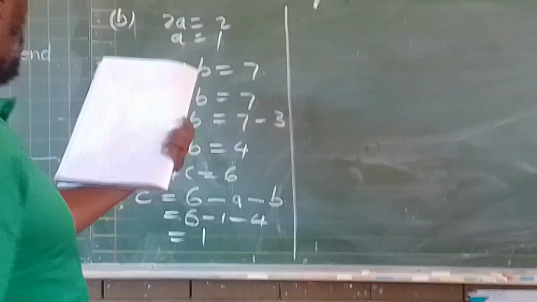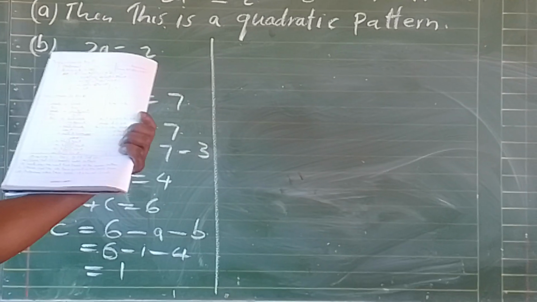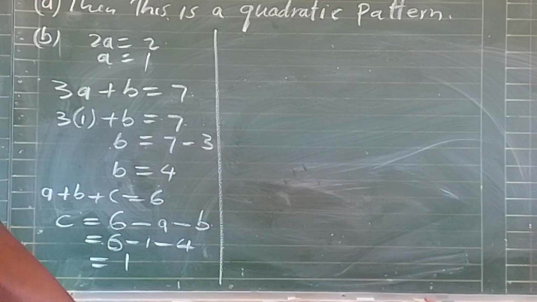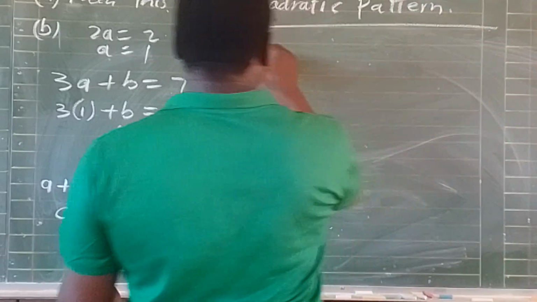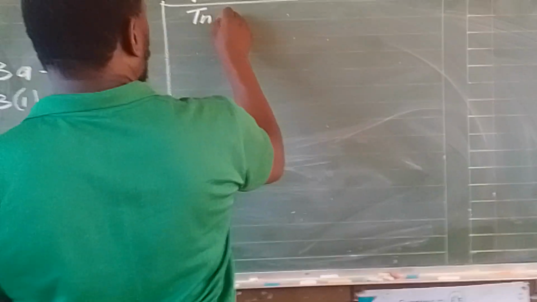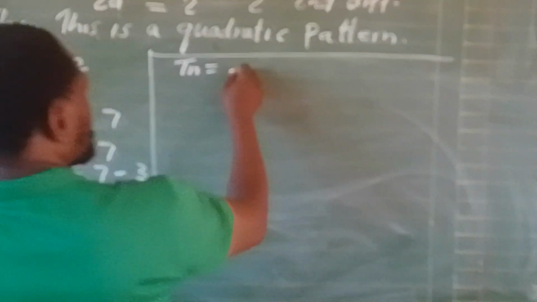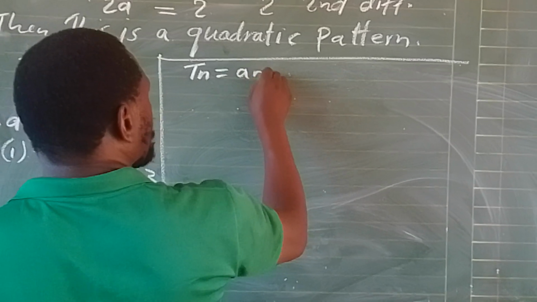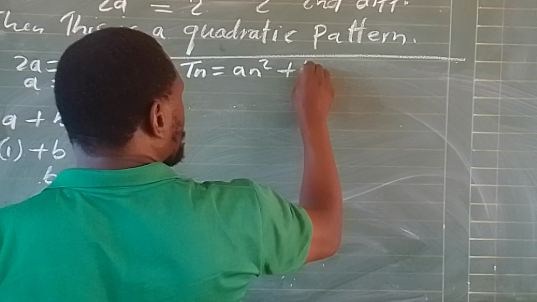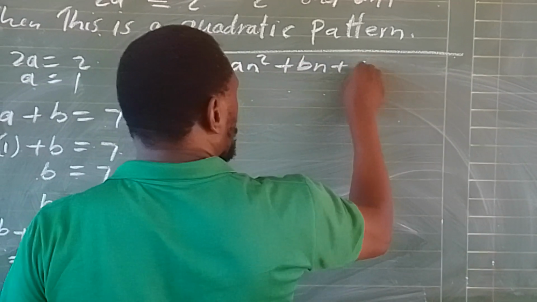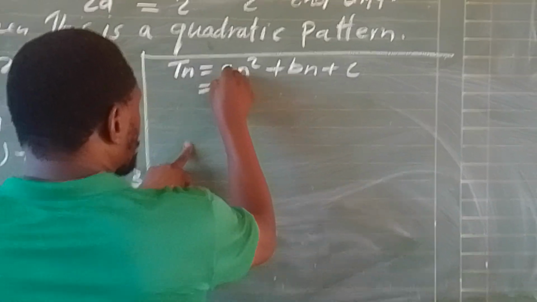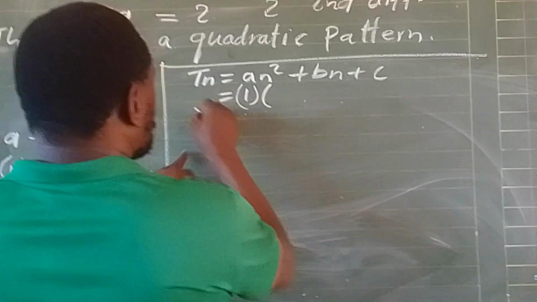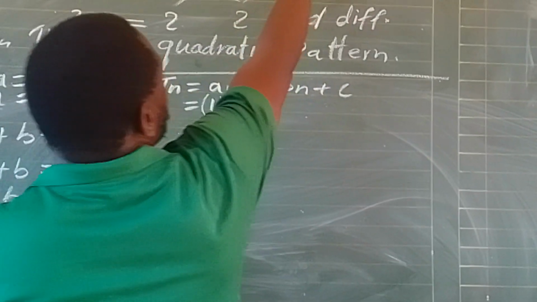The question wants us to write down the next two terms of the number pattern. Then we use the formula for a quadratic number pattern. It is going to be an squared plus bn plus c. So your a is 1, your n is term number 5.